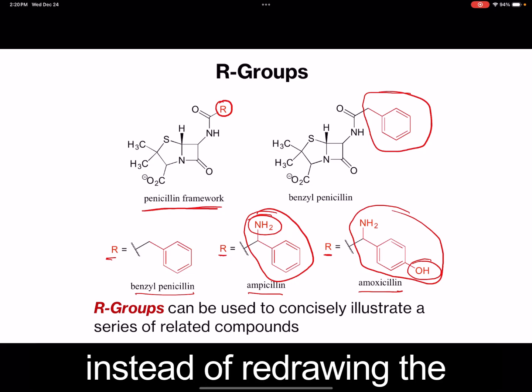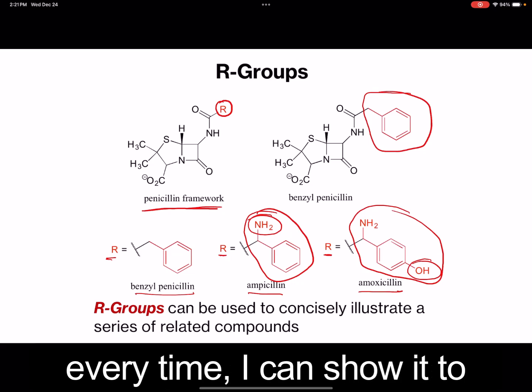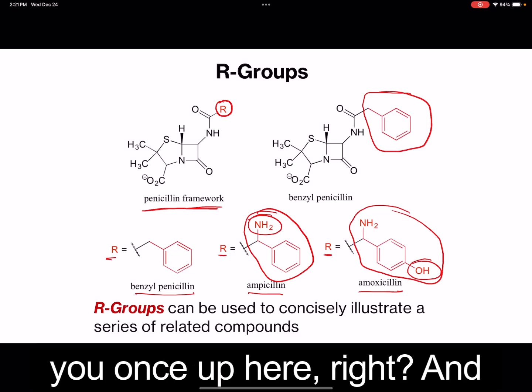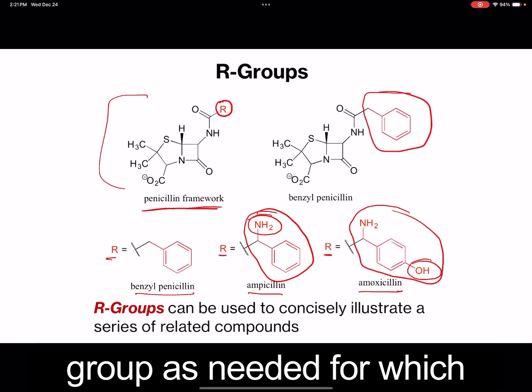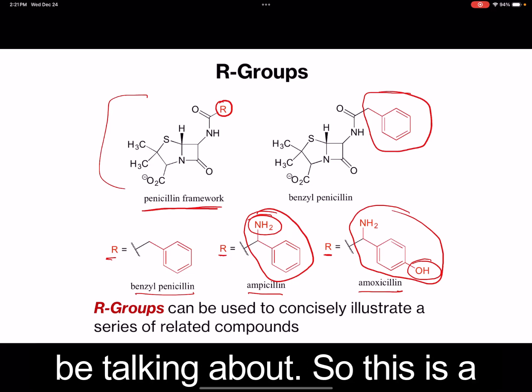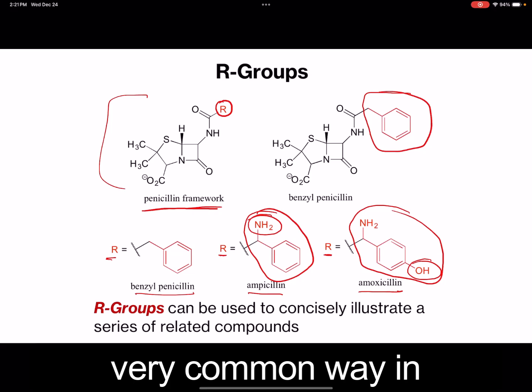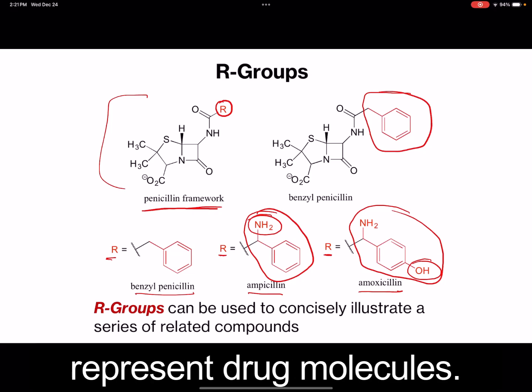And instead of redrawing the entire penicillin framework every time, I can show it to you once up here, and then you can fill in the R group as needed for which drug compound you want to be talking about. So this is a very common way in medicinal chemistry to represent drug molecules.